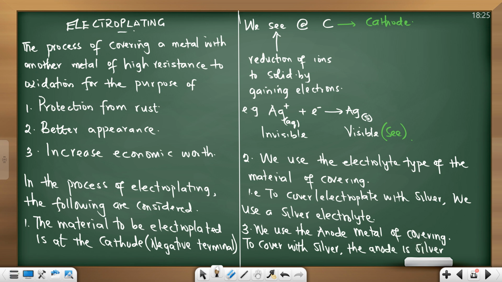This is to prevent contamination. If I want to cover with silver, the anode must be silver and the electrolyte must be a silver salt.